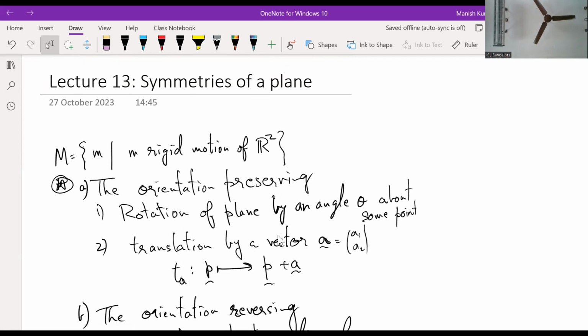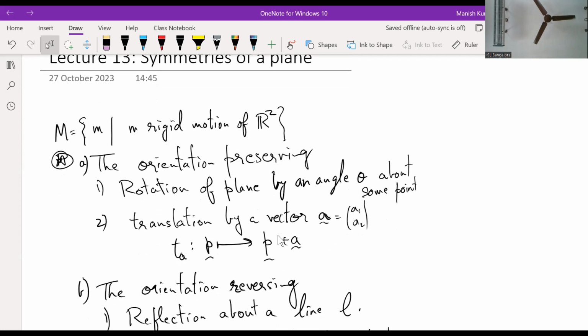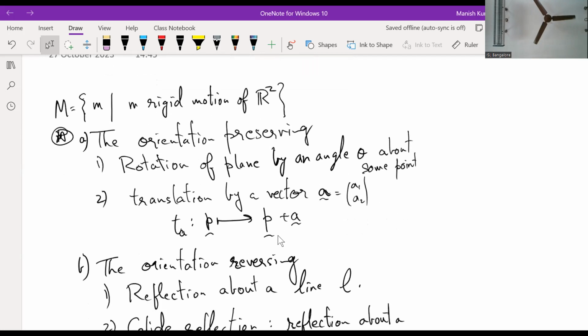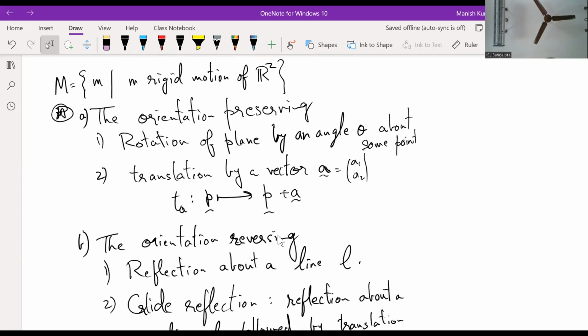Yeah, and last time we saw that there are broadly two kinds of isometries. One which are orientation preserving, and one which are orientation reversing.